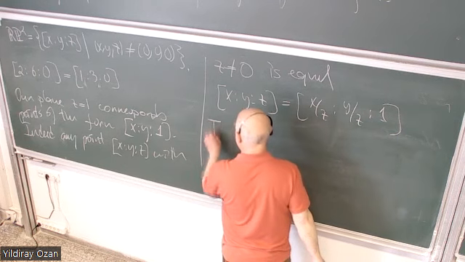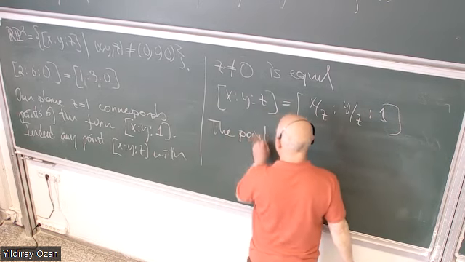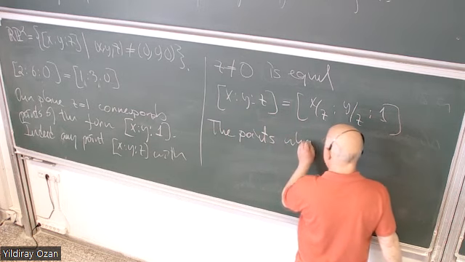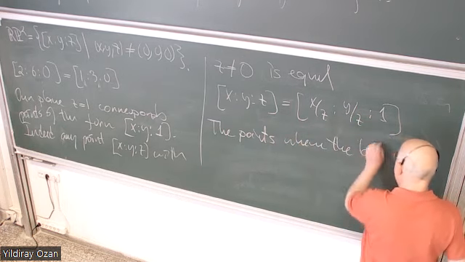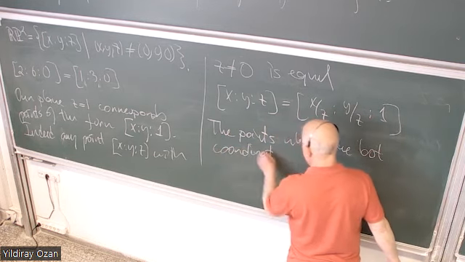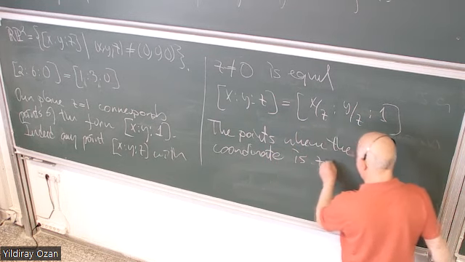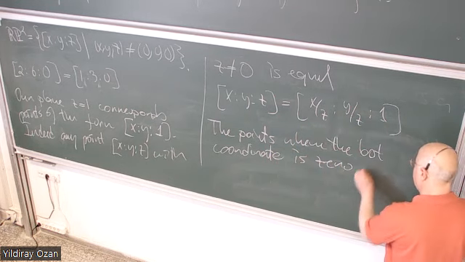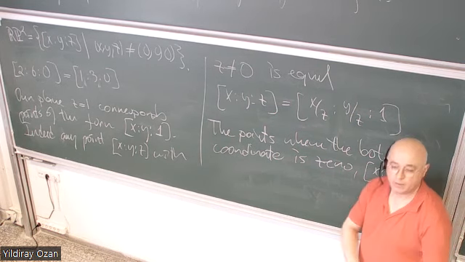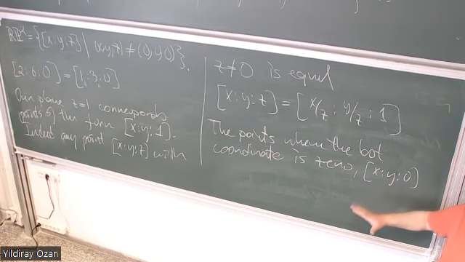The points where the last coordinate is 0, yani şöyle noktalar x, y, 0, değil mi? Z koordinatı 0 olanlar. Bunlar RP2'nin içinde olup da düzlemin içinde kalmayanlar.